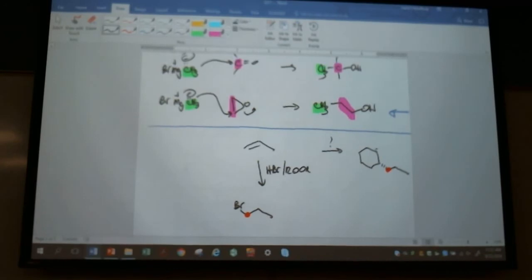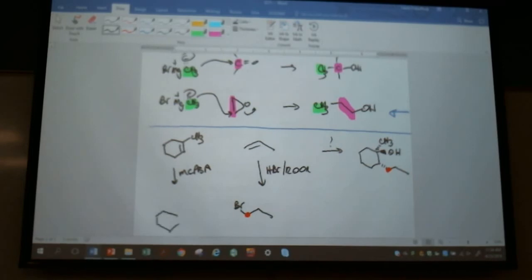How do I make an epoxide from an alkene? A peroxy acid like metachloroperoxybenzoic acid or something along those lines.